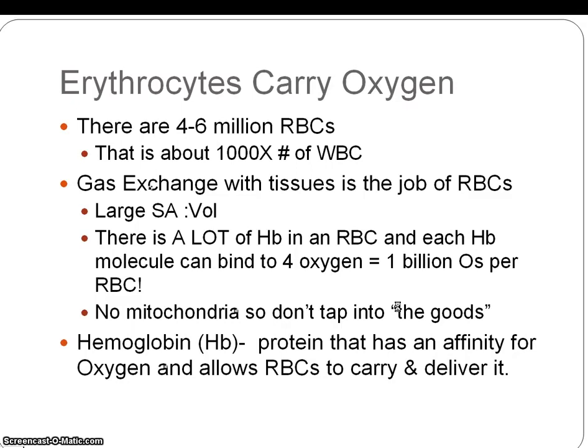And then basically there's nothing else in a red blood cell except for hemoglobin. Hemoglobin is a really cool molecule in that it has a high affinity for oxygen, but not so high that it won't let go of it once it's bound. It's kind of like if you took a rescue dog in, you have to be attached to it and take good care of it.